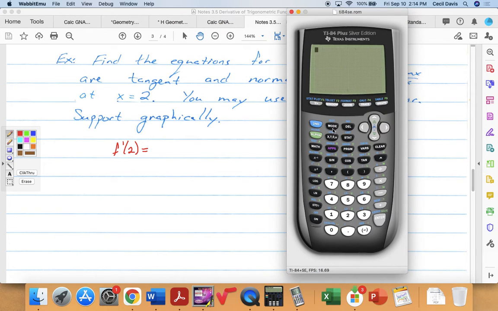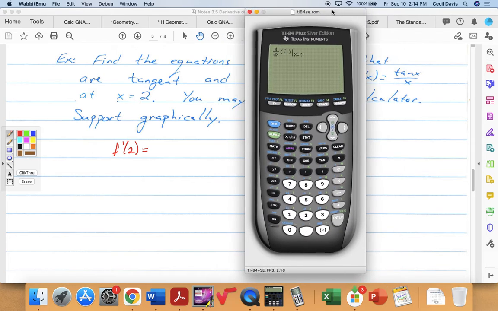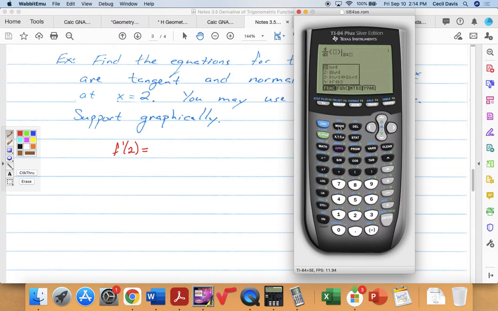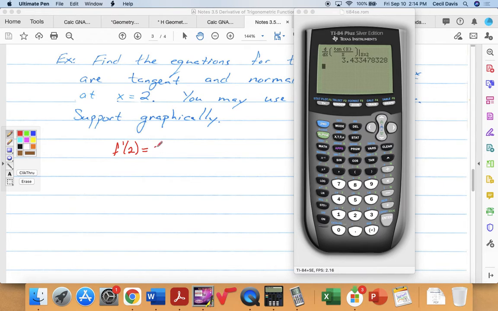So I want to find the derivative with respect to x of tangent of x over x at x equals 2. So 3.433.